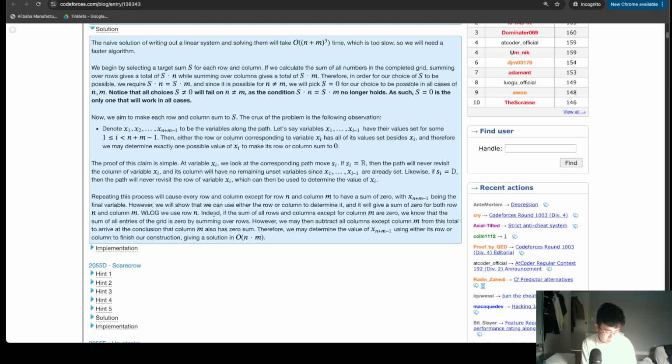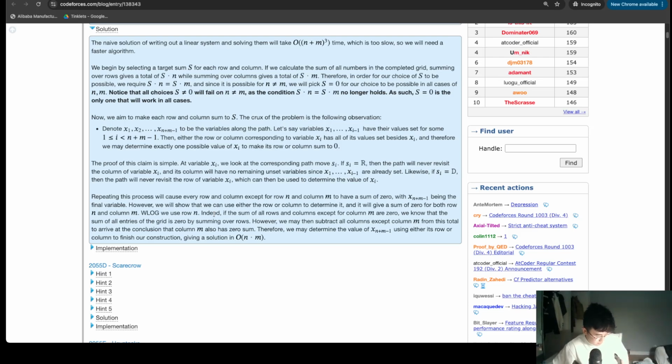And then now if you sum over the columns, this value that you inserted must be 0 such that the sum is 0, because assume by contradiction that if you sum over the column it's not 0, and you sum over the row is 0, then that's impossible, right?